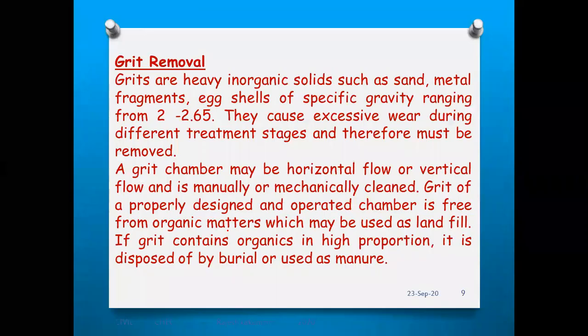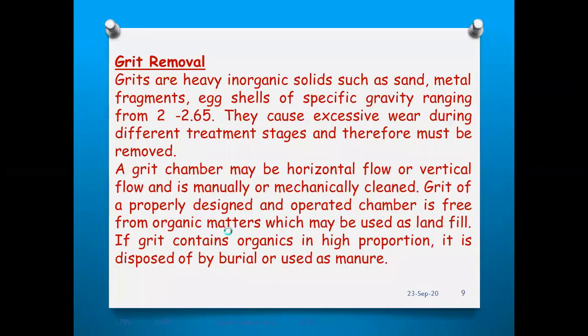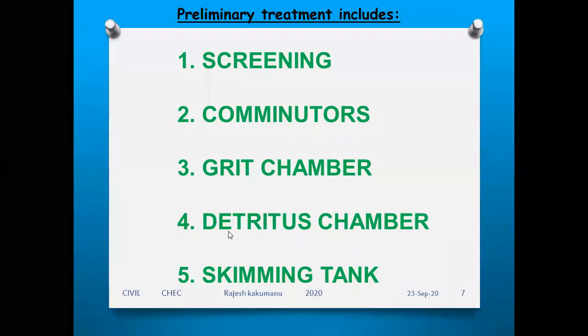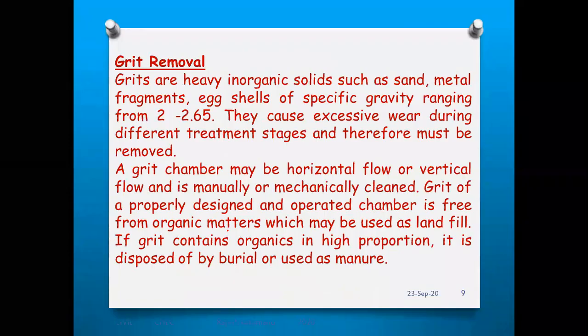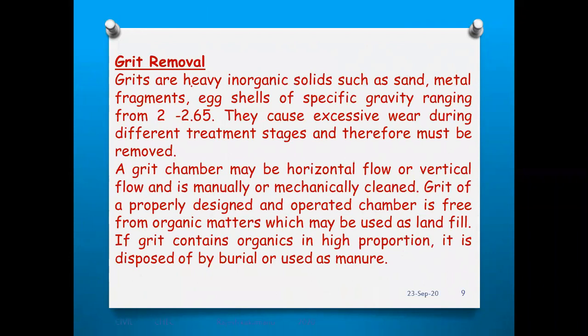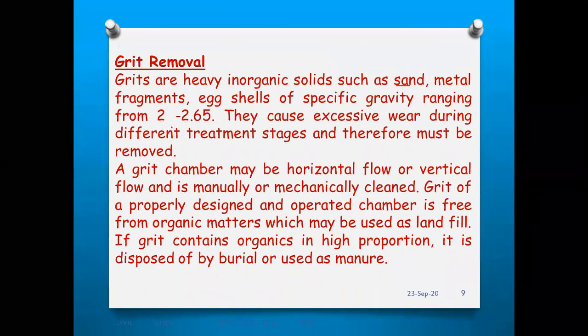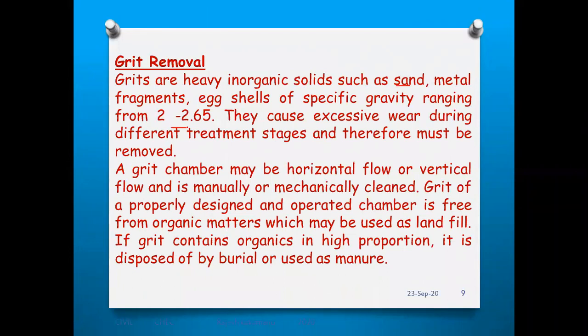Next, the grit removal. The third one is the grit chamber. In that, how is the material removed? Grits are heavy inorganic solids such as sand, metal fragments, and shells, with specific gravity ranging from 2 to 2.65. This causes excessive weight during the different treatment stages and therefore they must be removed.